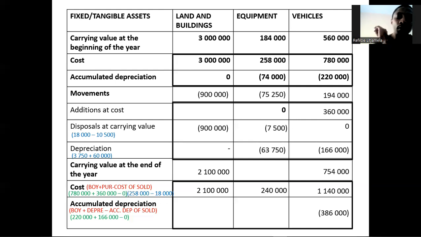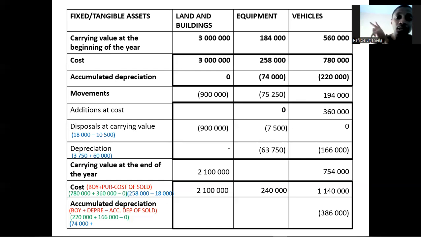At the end of the year, our accumulated depreciation will be calculated the same way. Balance at the beginning of the year, which is 74,000, plus current year depreciation, which is already under movement, that is 63,750. And then we minus accumulated depreciation of the asset sold.